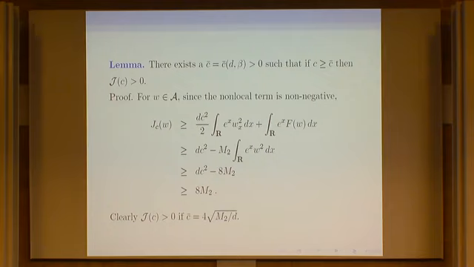For capital F, the graph looks like this, and therefore you can find a parabola underneath to support this capital F. That's the reason that we can do these estimates.